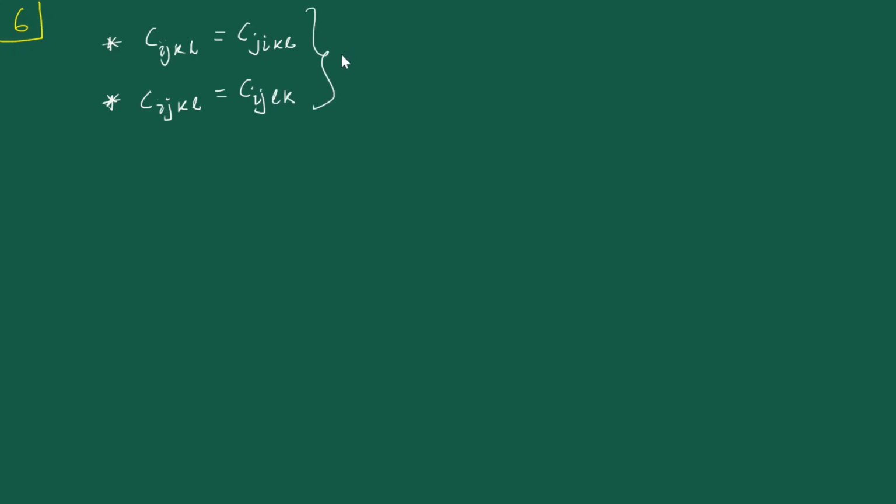These two pieces of information are together referred to as the minor symmetries of the elasticity tensor Cij here.